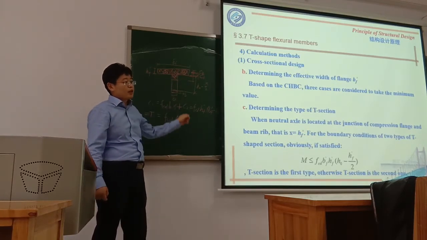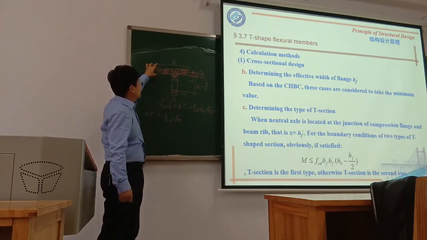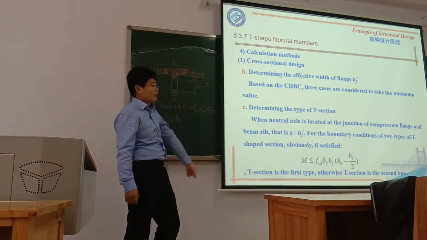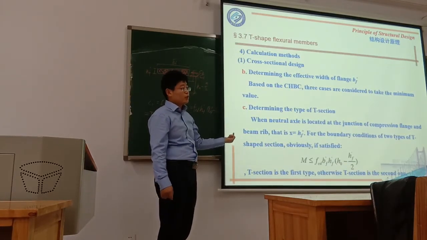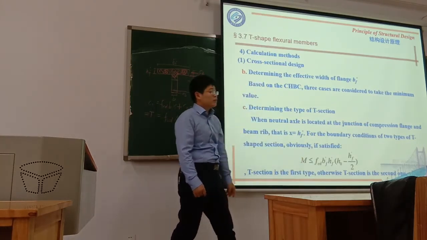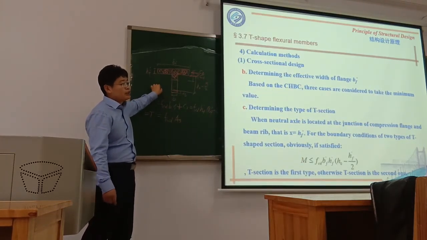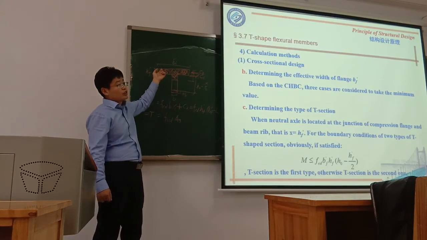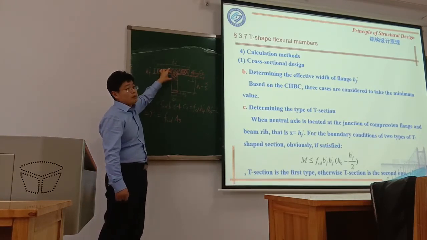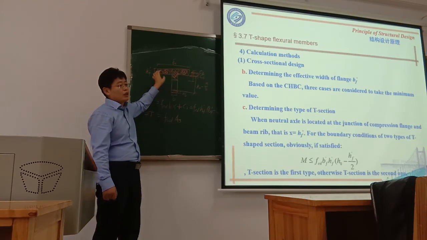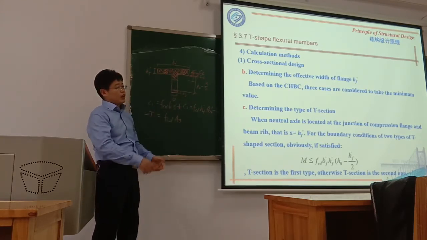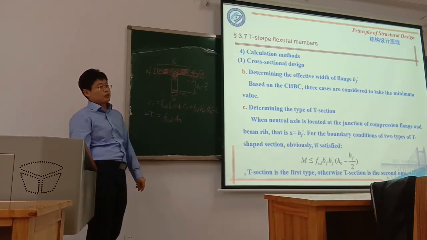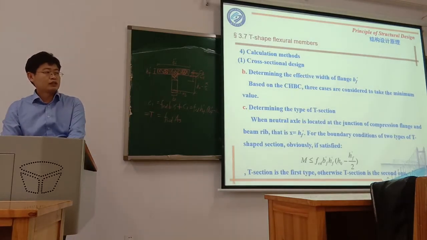Then this situation belongs to kind one. If the total flange is in compression and the resistance moment is not enough, MU is still smaller than MD, that means only the flange in compression is still not enough. Then part of the rib is in compression to resist the external load. Then that situation belongs to the second type of T shape.